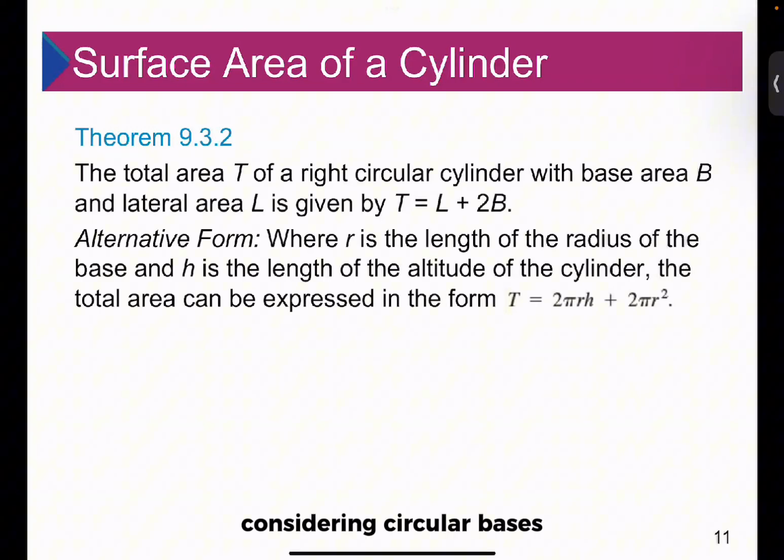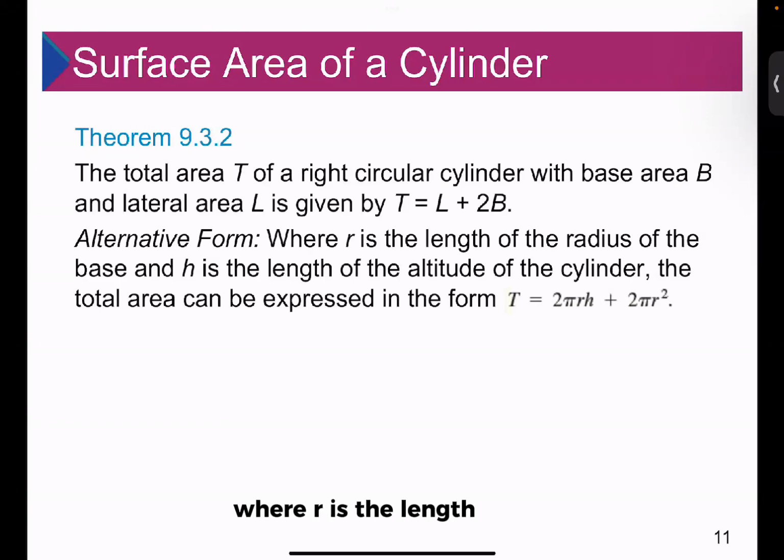Considering circular bases, where r is the length of the radius of the base and h the length of the altitude of the cylinder, the total area can be expressed in the form T equal to 2 pi r h plus 2 pi r squared.